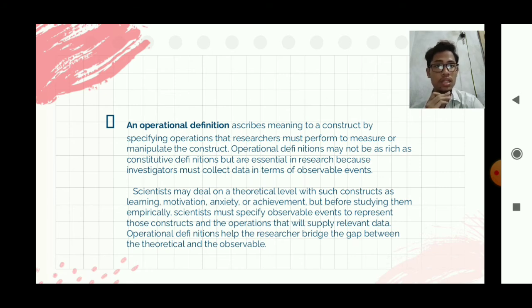Scientists may deal on a theoretical level with such constructs as learning, motivation, anxiety, or achievement. But before studying them empirically, scientists must specify observable events to represent those constructs and the operations that will supply relevant data. Operational definitions help the researcher bridge the gap between the theoretical and the observable.